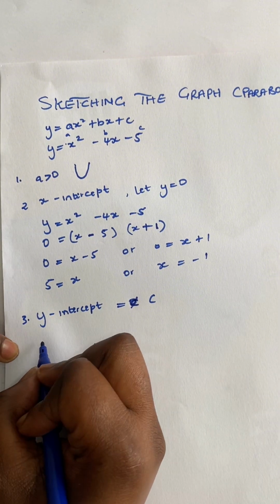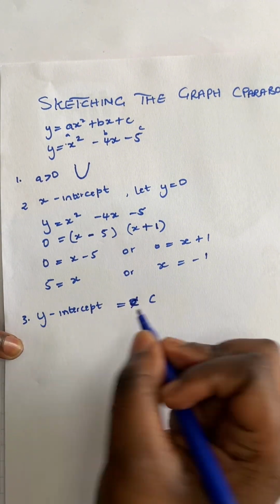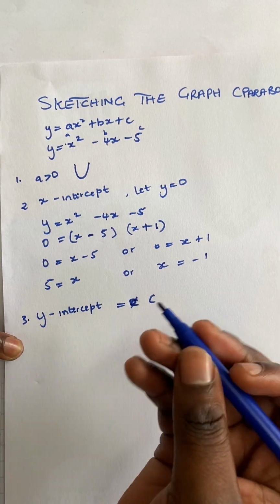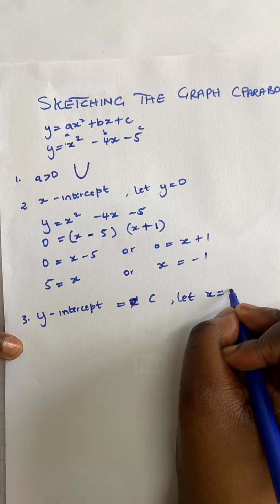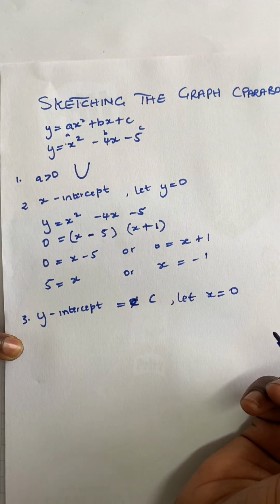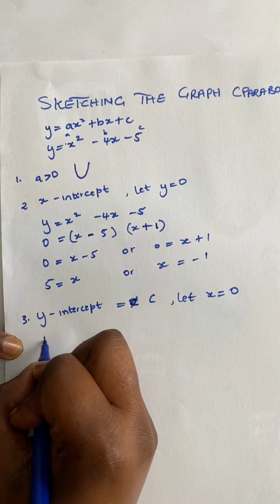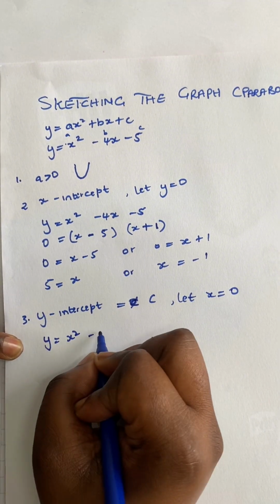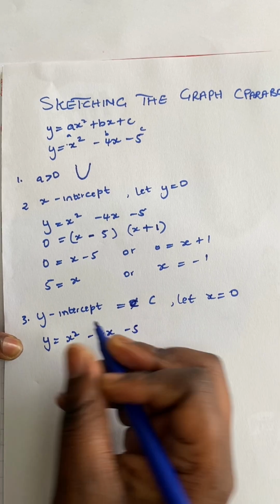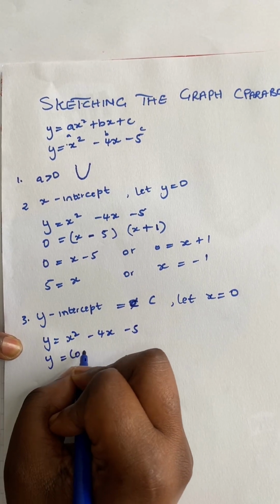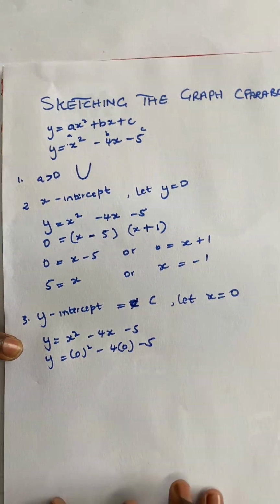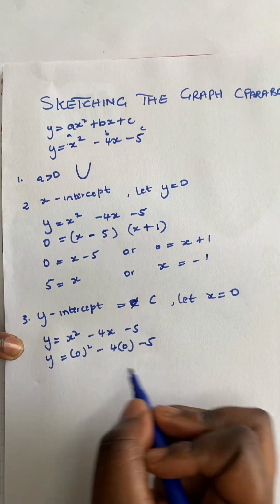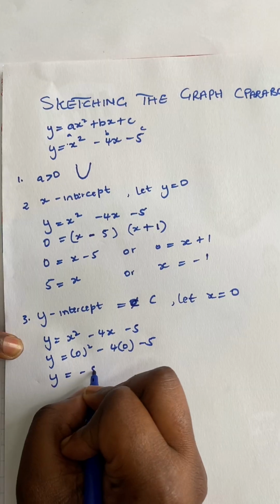So when you're finding a y-intercept, you let x equal to 0. Where you see x, you put 0. So y is equal to x squared minus 4x minus 5. y is equal to 0 squared minus 4 times 0 minus 5. And then these will give you zeros, and your y will be negative 5.